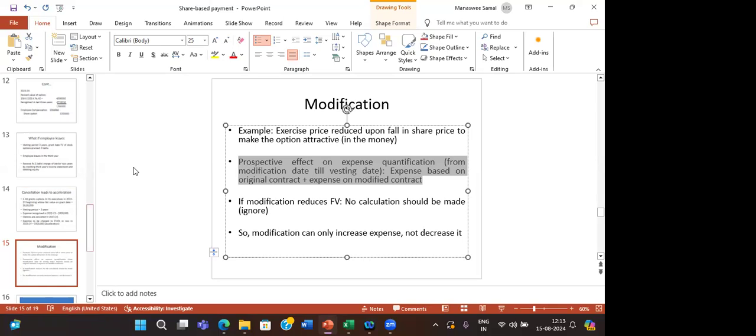That is when we are immediately charging the P&L, right? So with this, we'll just go to another example on ESOPs where we have a kind of performance target apart from service condition. I think the example we just went through is a simple vesting condition of 4 years of service, isn't it?